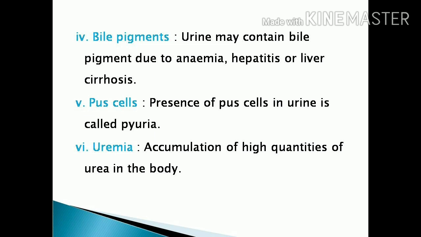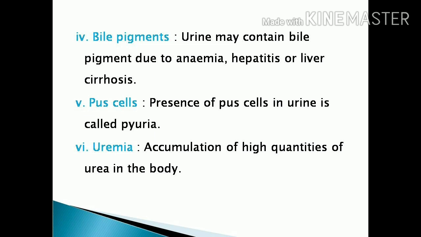So in those who suffer from anemia, hepatitis or liver cirrhosis, bile pigments also pass in the urine. Next, pus cells. The presence of pus cells in urine is called pyuria.